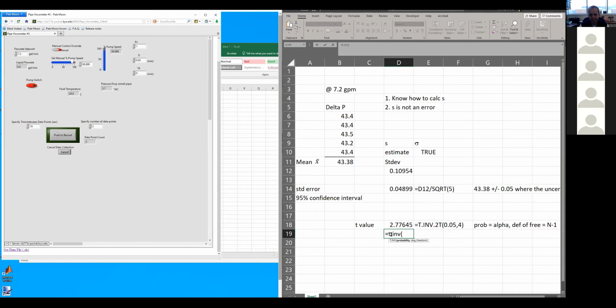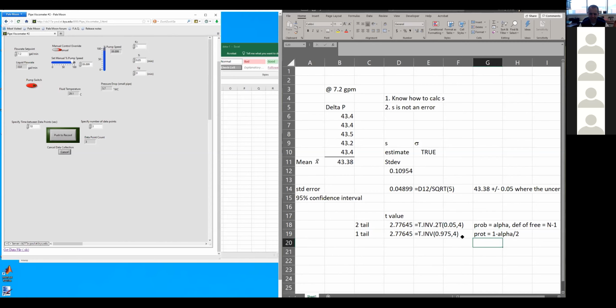In this case, I want to give it 0.975 and 4. If you use the one tail, you want to give it 1 minus alpha over 2. So if you use the one tail, let me move this here. I will say here is two tail, one tail. So here the probability equals 1 minus alpha over 2.